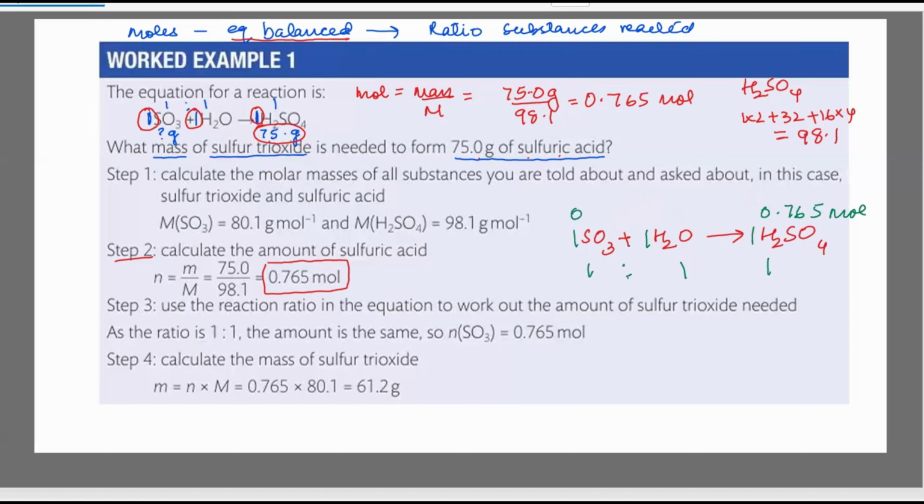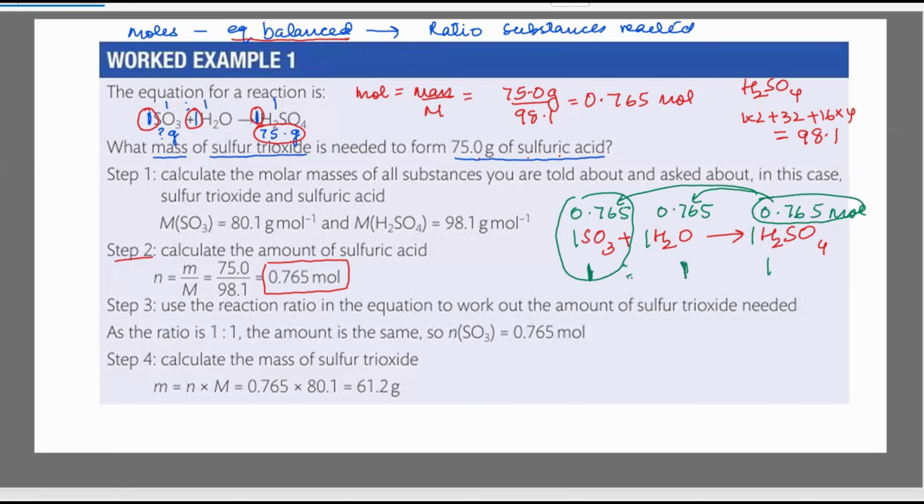So we know that 0.765 moles of sulfur trioxide and 0.765 moles of water are reacting together, because the equation is telling us they react in the same ratio and produce moles in the same ratio. So we calculated through the product the reacting moles of the reactant. When we know the moles of sulfur trioxide, we can easily convert that into mass.